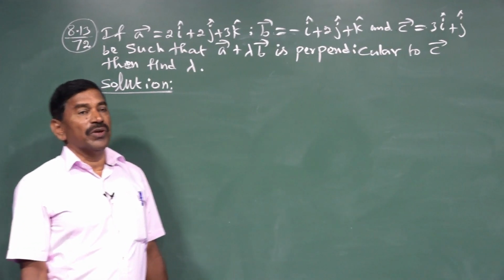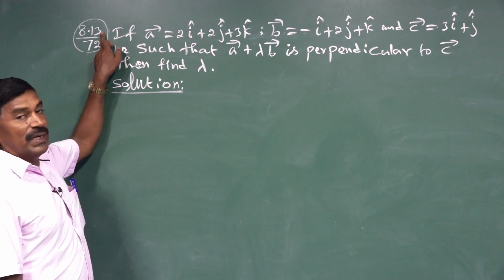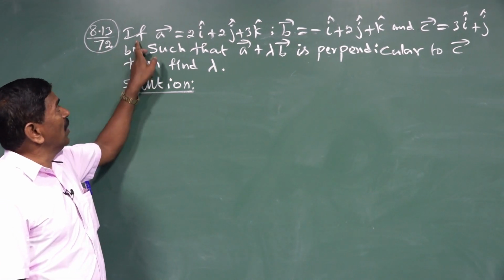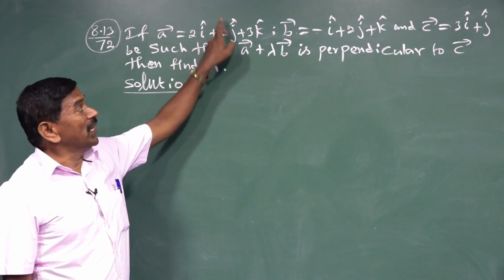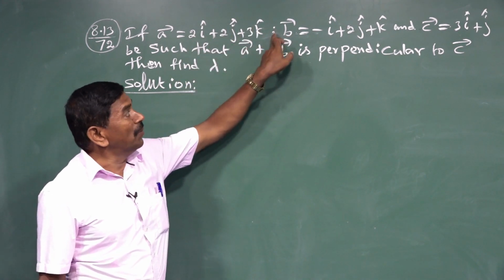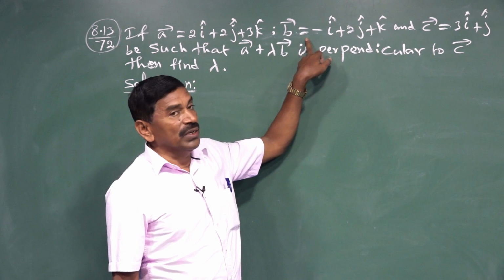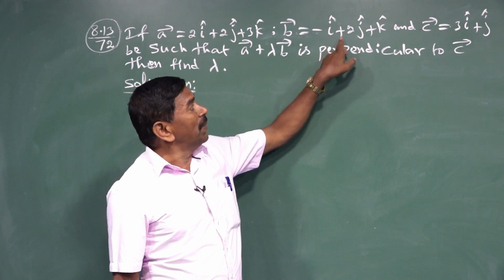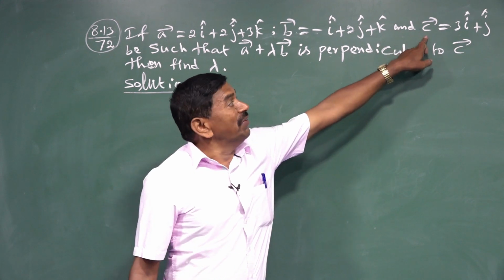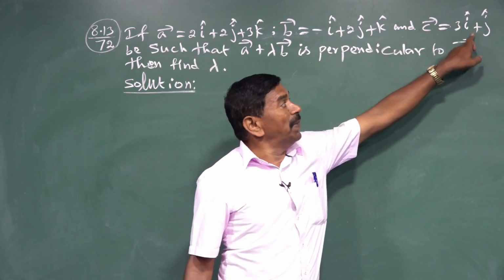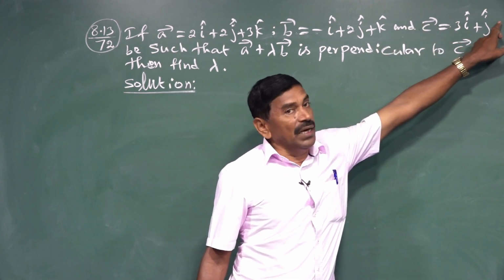Children listen. Now example 8.13, page number 72. If a vector is equal to 2i cap plus 2j cap plus 3k cap, b vector is equal to minus i cap plus 2j cap plus k cap, and c vector is equal to 3i cap plus j cap. Remember here k is absent.